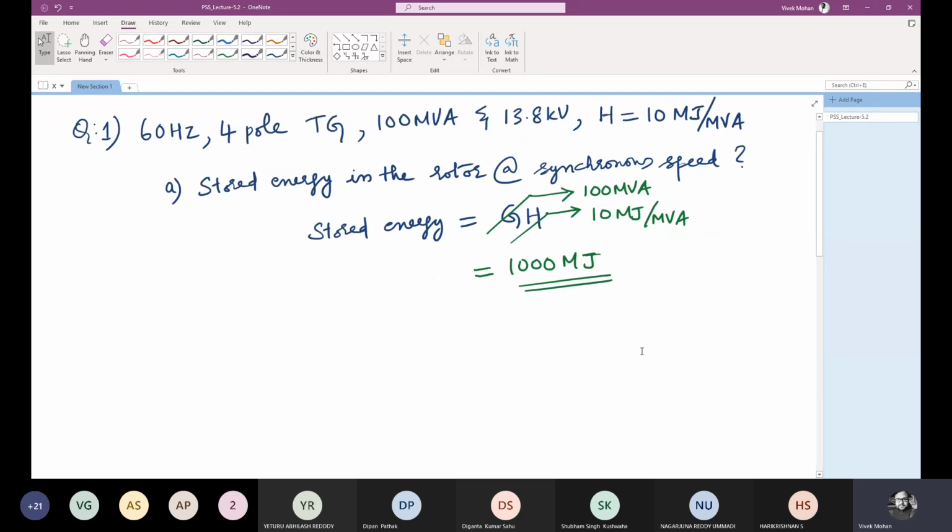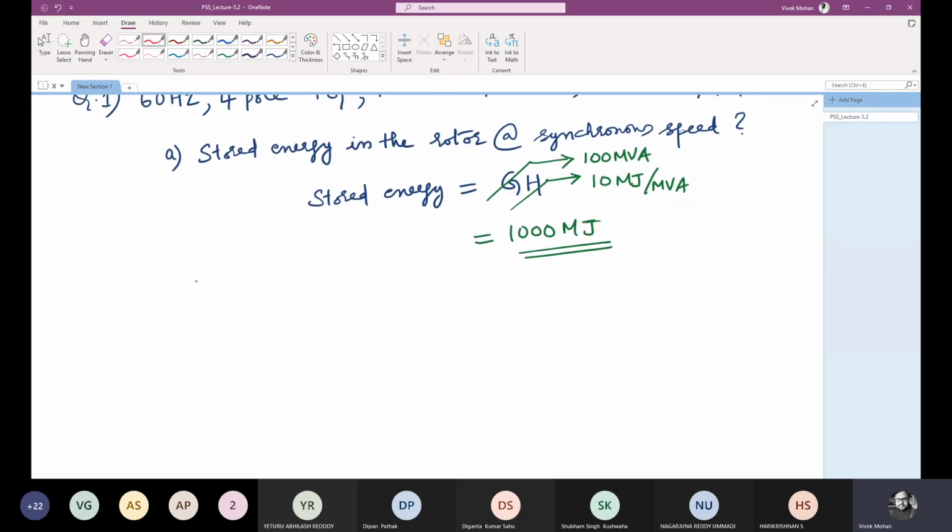Now, in the second part of the question, if this rotor acceleration is maintained for 12 cycles, find the change in torque angle and rotor speed in RPM. So everything we need to convert in terms of time; 12 cycles we need to convert to time.